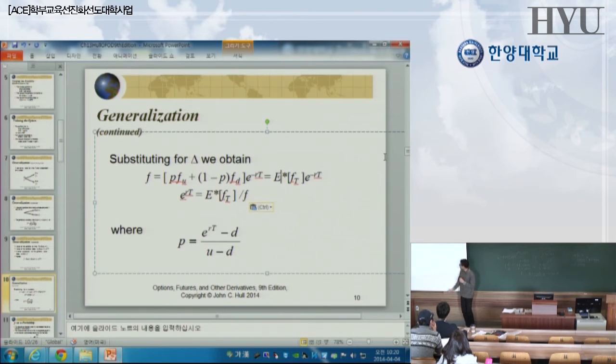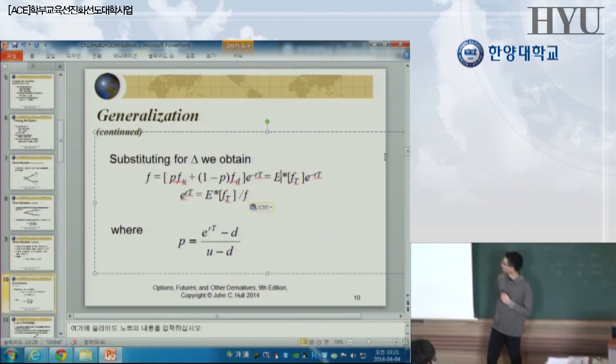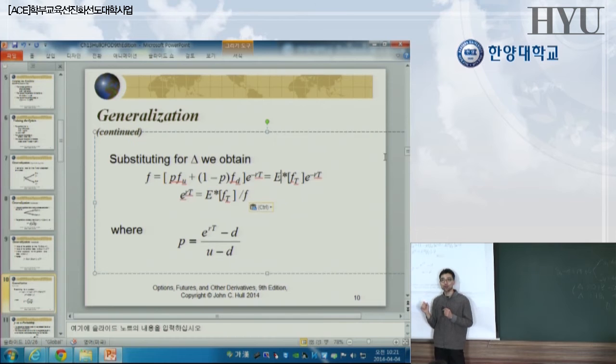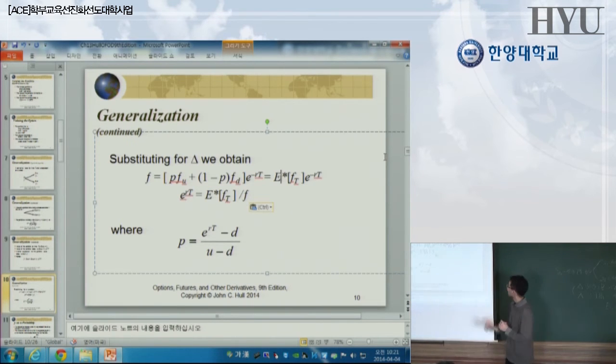And then I argue that this is the probability in the hypothetical world. This may not be the real probability of this event, or of the stock price going up. Okay? But then there is a question that remains.